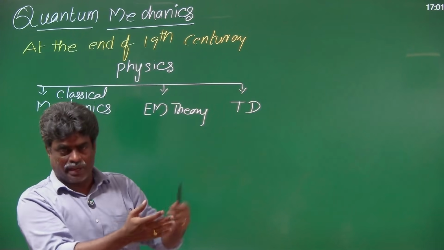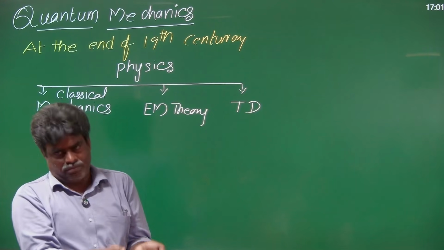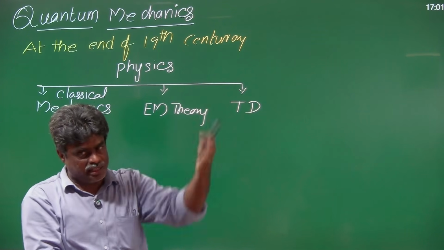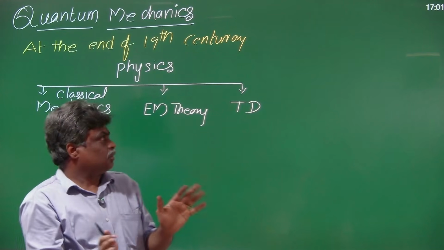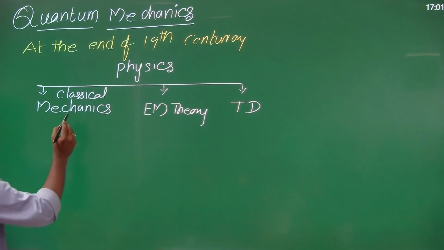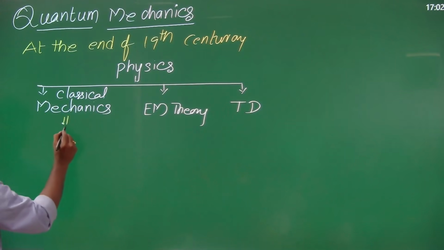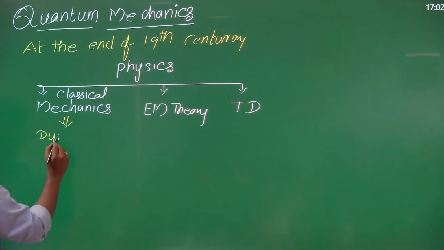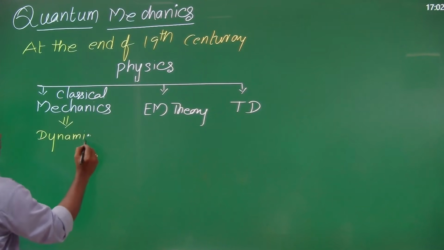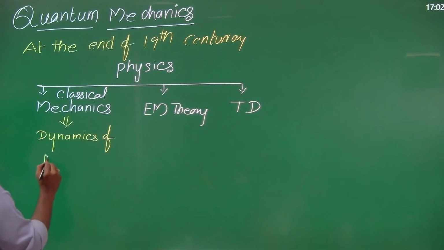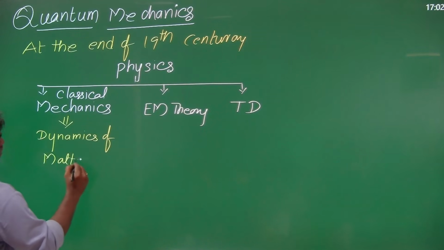You have given some velocity and it is moving under gravity. All these motions are explained by which mechanics? Classical. So we can say here we are discussing the dynamics of matter or material particles.